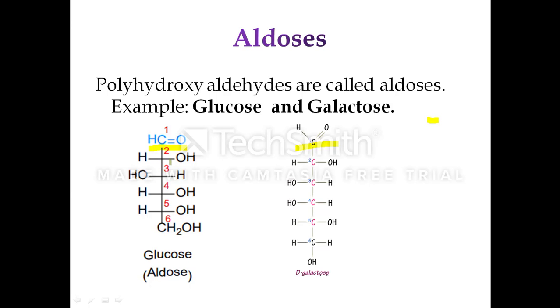And in glucose, the second carbon atom has the hydroxyl group towards the right side and hydrogen towards the left side. At carbon atom 3, glucose has the hydrogen towards the right side and the hydroxyl group towards the left side. At carbon atom 4, glucose has the hydroxyl group towards the right side and hydrogen towards the left side. Similar configuration at the C5 carbon atom.